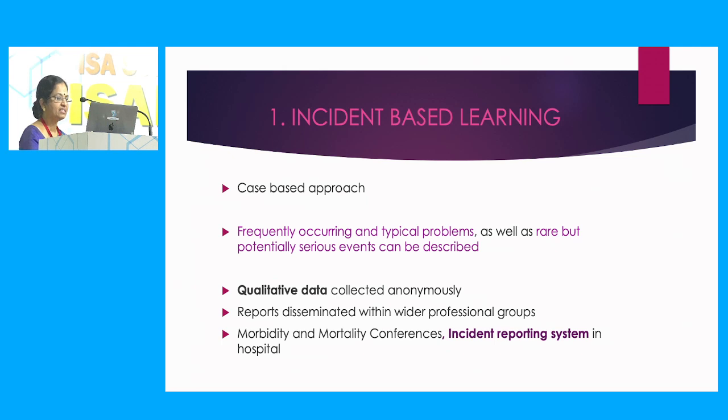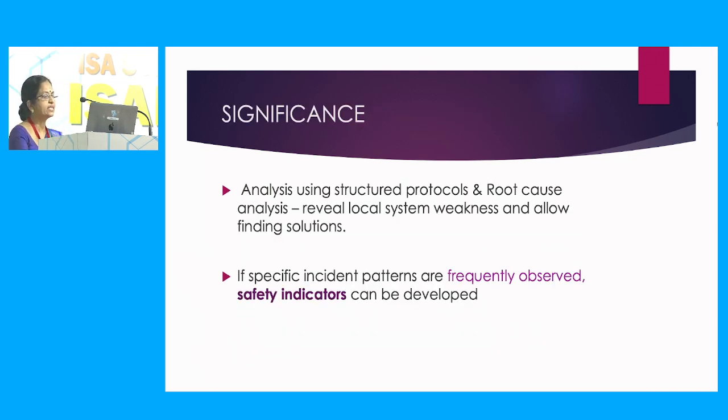Here we are collecting the data on a qualitative basis, and this report can be disseminated within the professional groups in your city branch, then to the state level, like that. And you can get information for the case-based approach from the morbidity and mortality conferences, the incident reporting system in the hospital, etc. Then what is its significance?